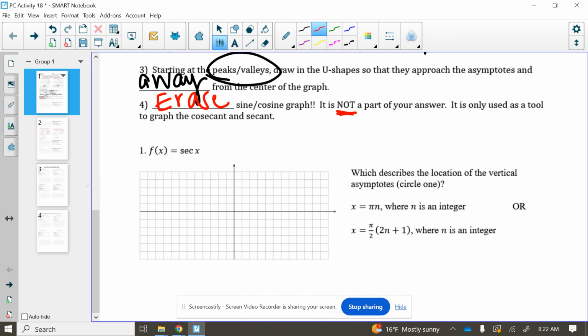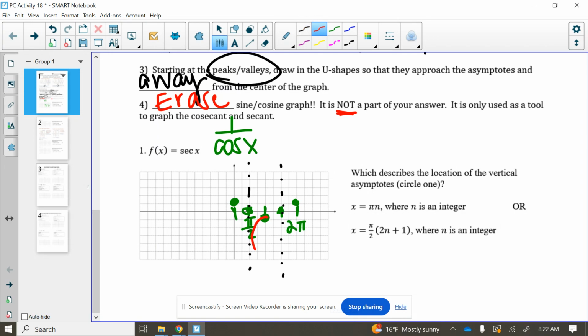So for our parent function of secant, again, we want to actually start with the graph of cosine of x, since that's its reciprocal function. So our normal graph of cosine repeats by the time we get to 2 pi. Our graph goes up by pi over 2 each time. We start at our max, and we touch the midline, go down to the min, back to the midline, back to our max. So anywhere we are touching that midline, we want a vertical asymptote.